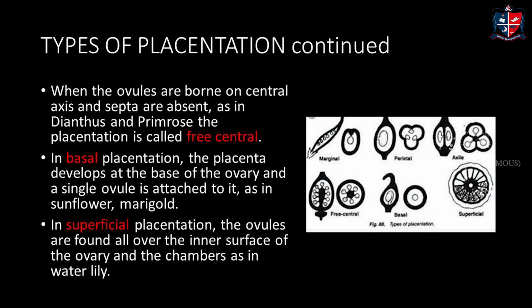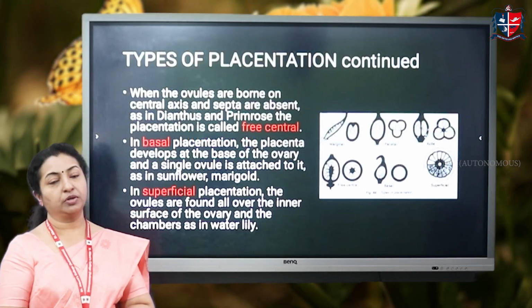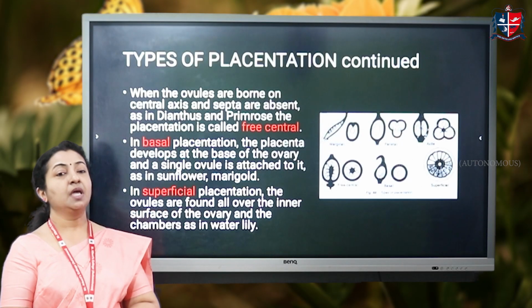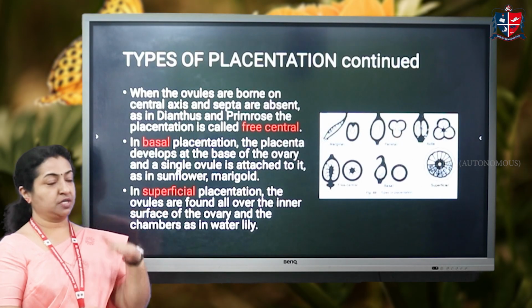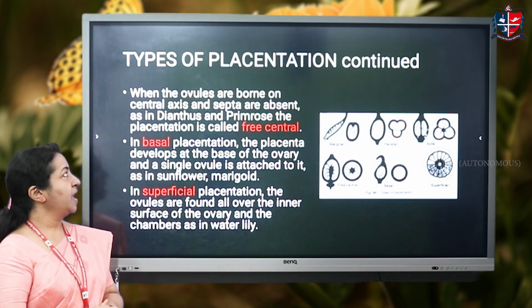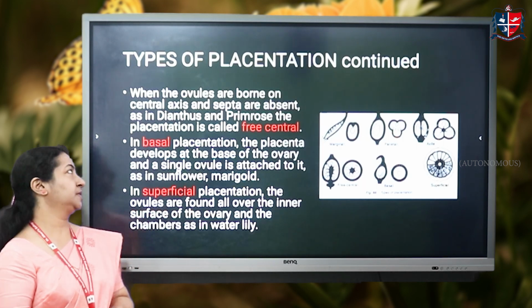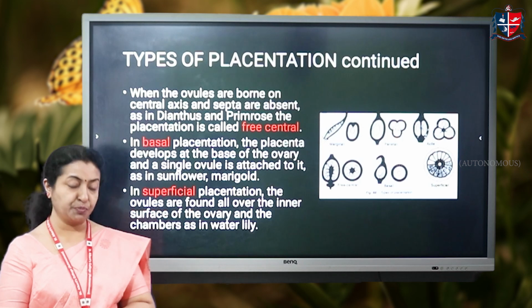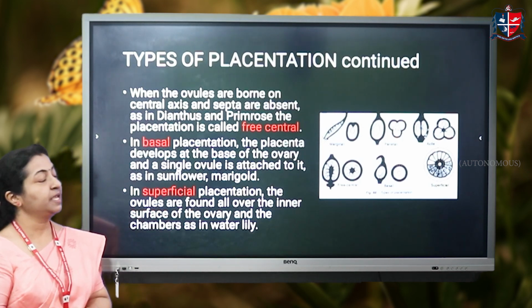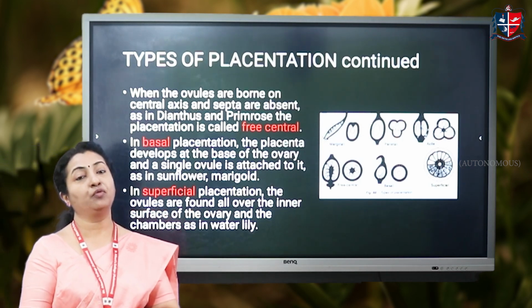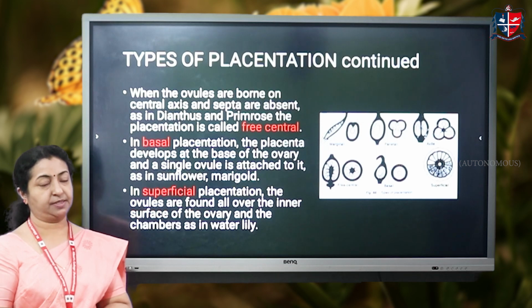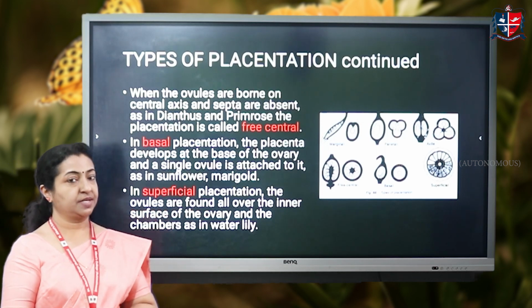Then we have the free central placentation, where the ovules are borne on a single placenta which does not reach the top. And here the septa are absent. This is in the case of dianthus and primrose. Then we have the basal placentation, where a single ovule is found at the base, as in the case of the Asteraceae family.